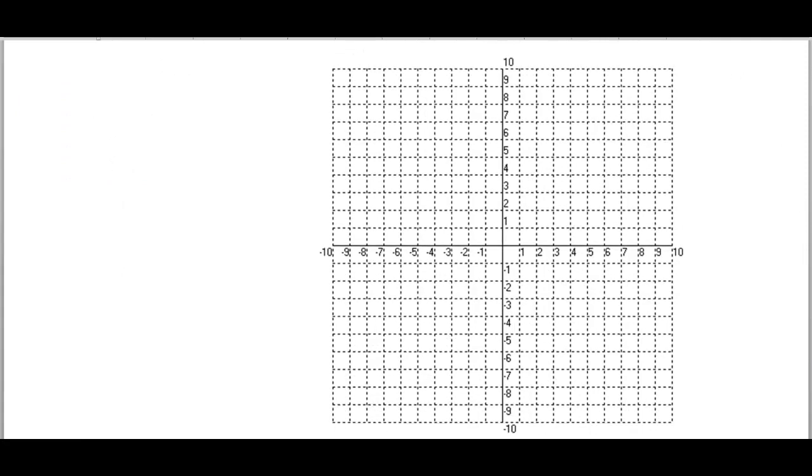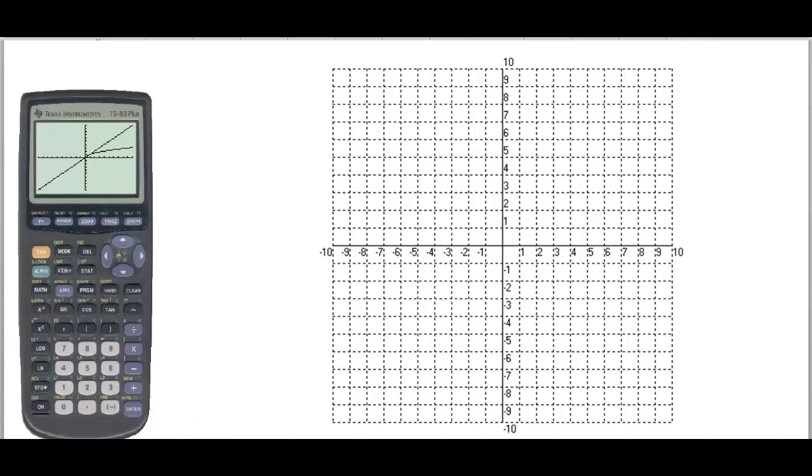Okay, now I will rewrite the problem here so you can see it. Again, the equation is y equals the square root of x, which is 0, 0, 1, 1, and then at 4 it's 2. That means 9 would be 3. And there you go, there's your curve.